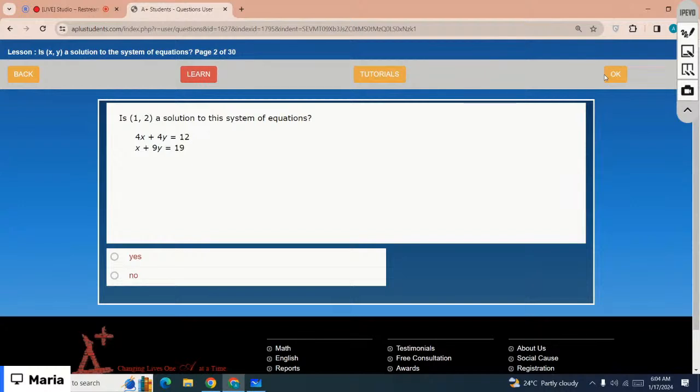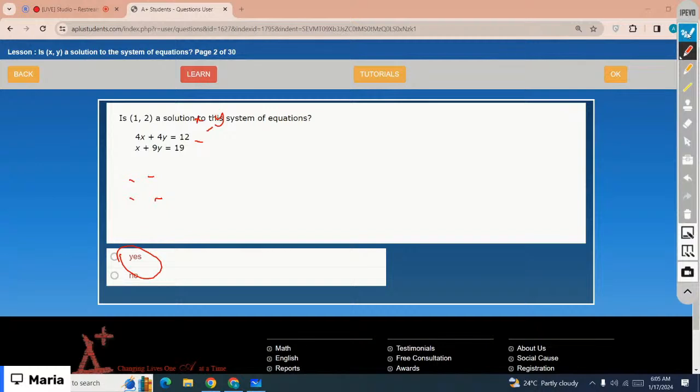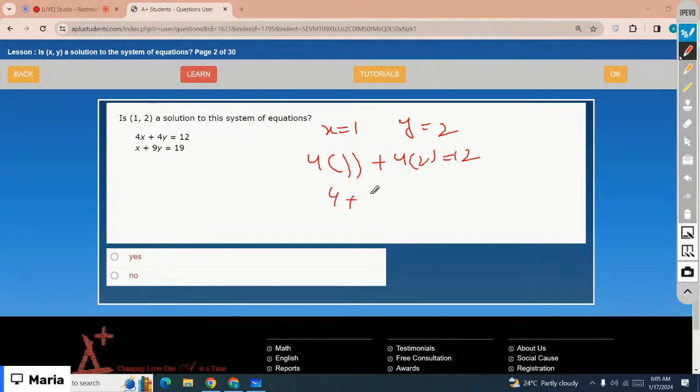Okay, the next one is: is 1, 2 a solution of the system of equations? Let's check if 1, 2 is the solution. So x equals 1 and y equals 2. Start with the first one: 4 times 1 plus 4 times 2 equals 12. 4 times 1 is 4, 4 times 2 is 8, so 8 plus 4 is 12.